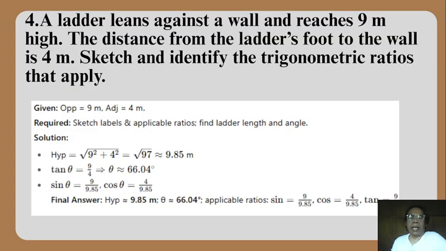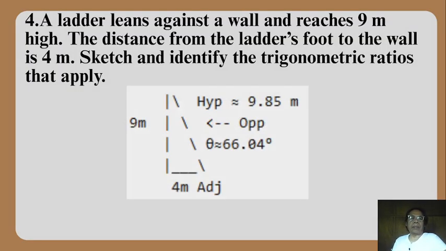Cosine of the angle theta is 4 over 9.85. The tangent of the angle theta is 9 over 4, opposite over adjacent.